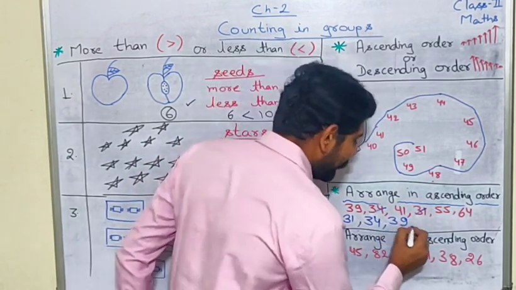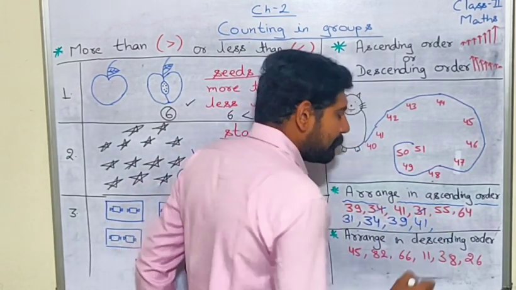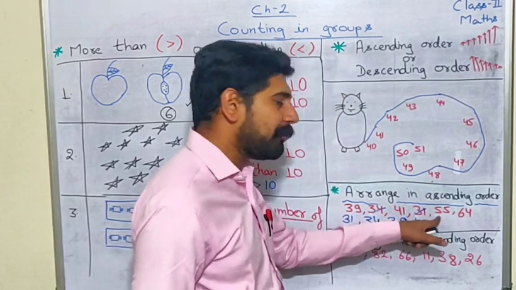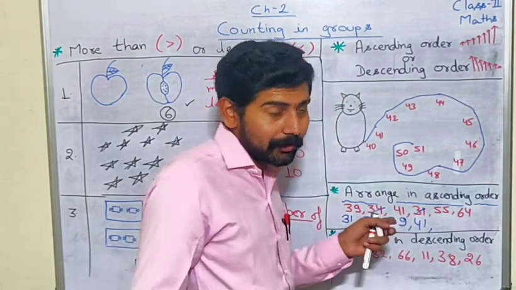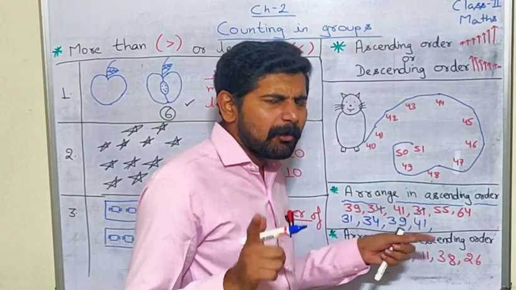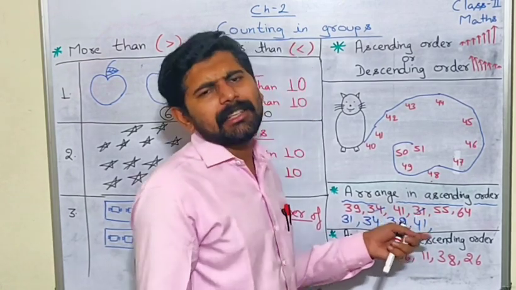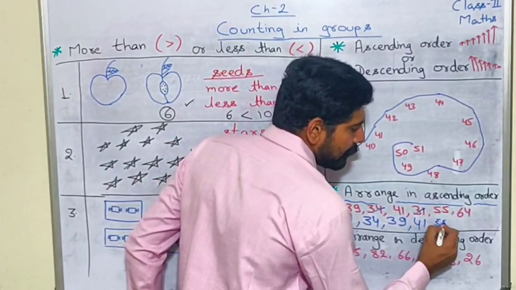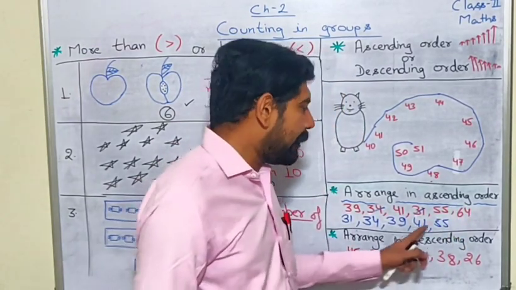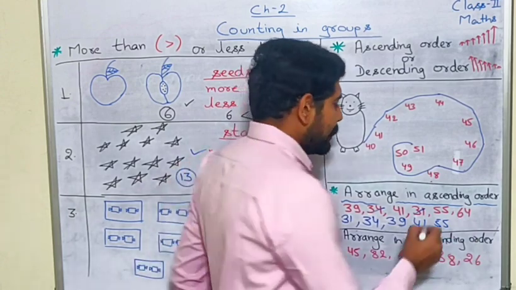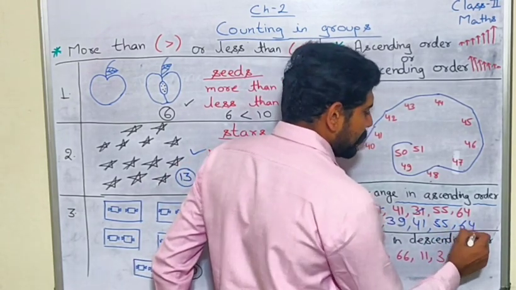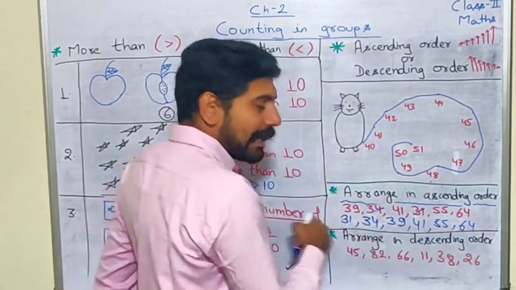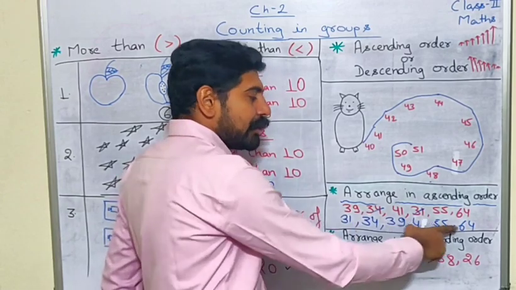Obviously 41. Then which number is bigger than 41? 64 or 55? Both numbers are bigger than 41. But we have to write which is just bigger than 41 but not the largest. The number is 55. And what will come at the last? 64. See, 64 is the biggest number and 31 is the smallest number.